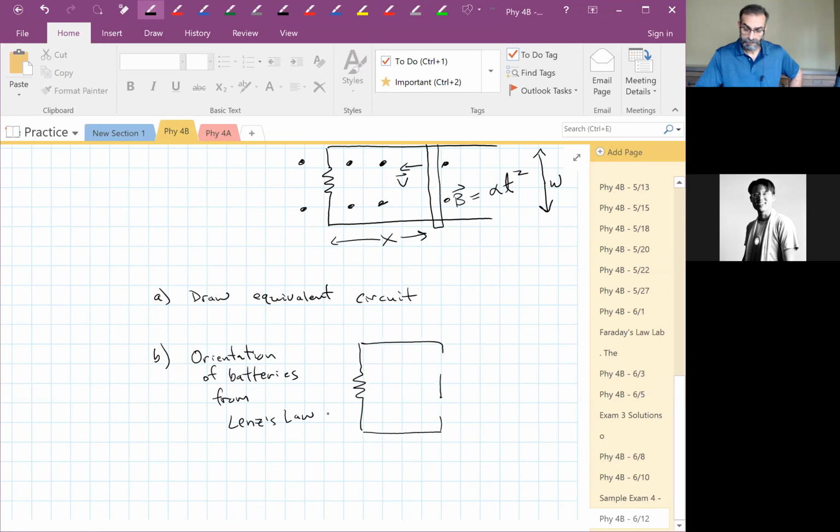So what would an increasing magnetic field do here if the magnetic field is increasing the way it is here, right? It's a function of time. As time goes on, the magnetic field gets bigger and bigger and bigger out of the page. That would cause current in which direction?